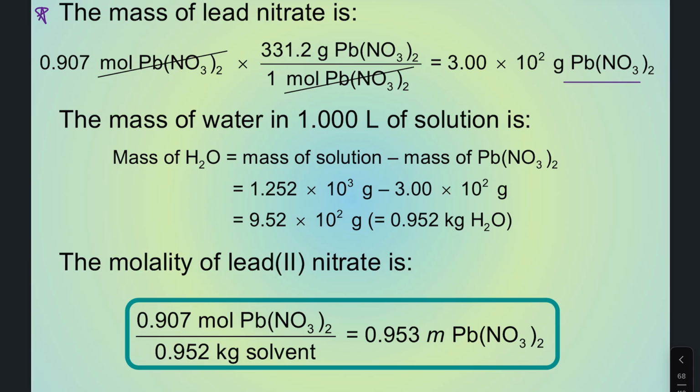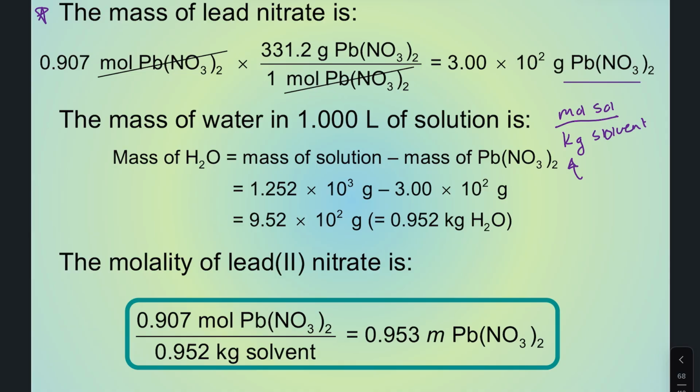And because molality is moles of solute divided by kilograms of solvent, we need to know how many kilograms of just the solvent we have.